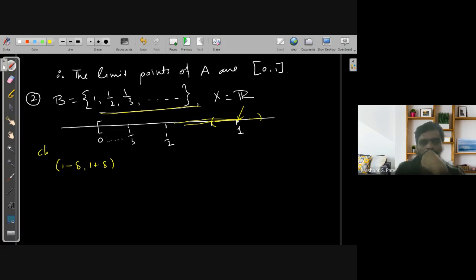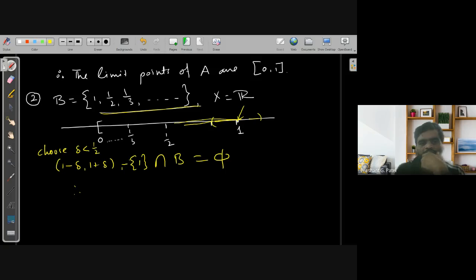So choose your delta less than 1 by 2. So it is 1 minus 1 by 2 to 1 plus 1 by 2, minus 1. The intersection with B is always empty.